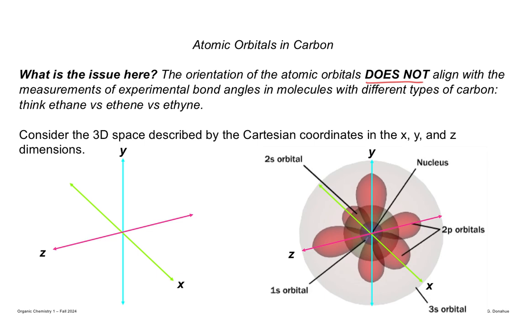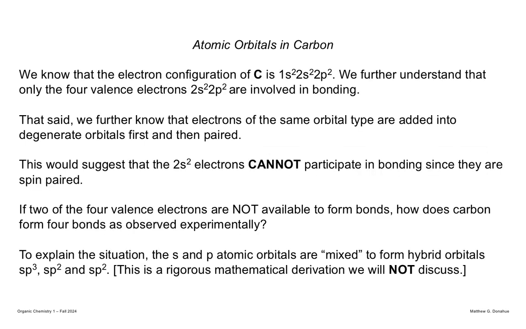And so the physicists and mathematicians thought about this more and basically said something else has to be happening, because we need to account for how these electrons, the valence electrons, can be used in the different bonding patterns.